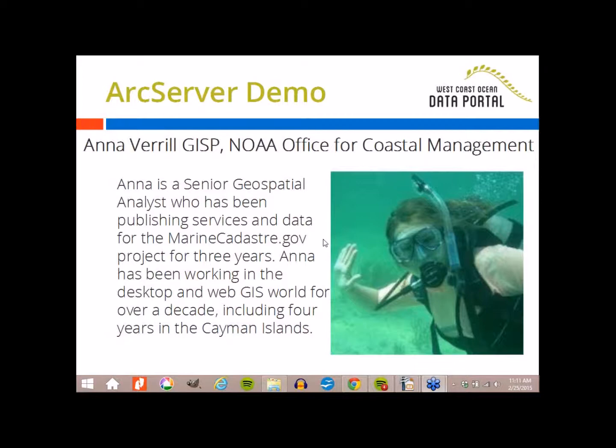But it can serve a broad set of needs by allowing us to consume web services from a variety of partners, and that's why this training is so integral, because we rely on those good services coming from our network to fuel this component of the system as well. And we will be applying it to other use cases beyond marine debris in the coming months, and you can visit that at maps.westcoastoceans.org.